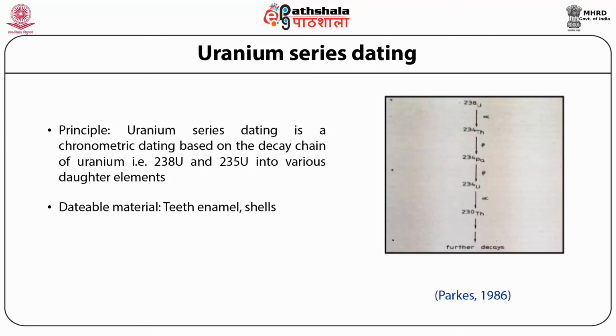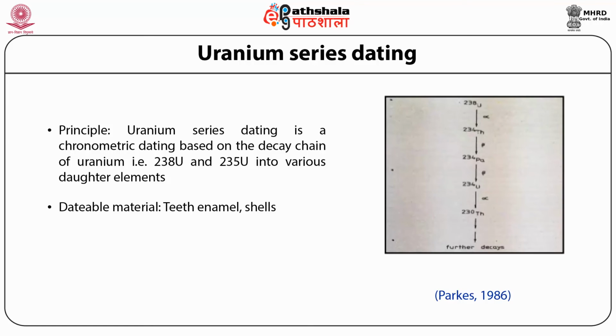In fresh deposition of calcium carbonate, thorium-230 is absent because it is insoluble in water, and the ratio of thorium-230 to uranium-234 is 0. The ratio increases with time as uranium-234 decays to thorium-230.